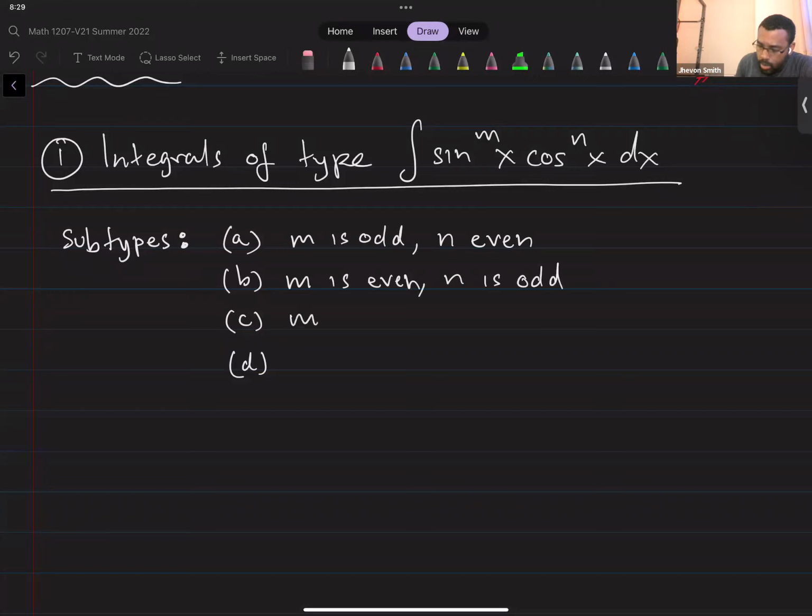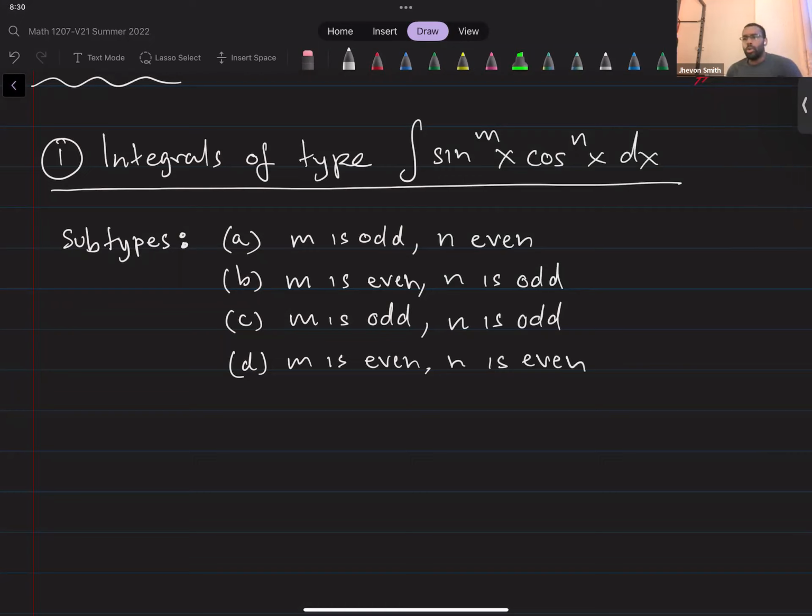We're going to do M is odd, N is odd, and M is even, N is even. Of course, these two here are very similar, and we're going to deal with that later on.